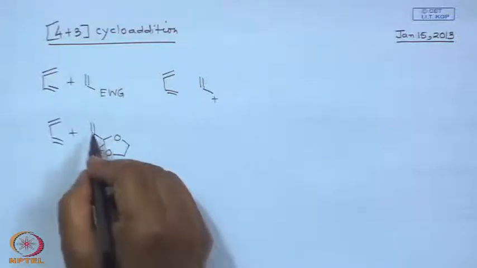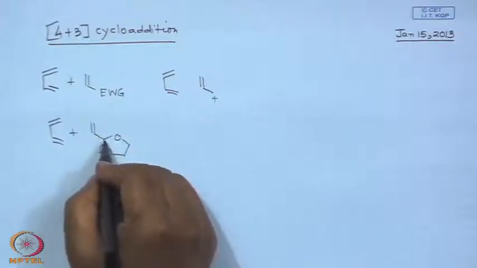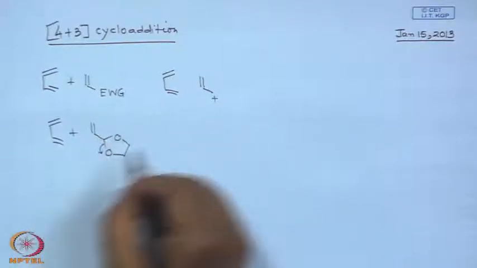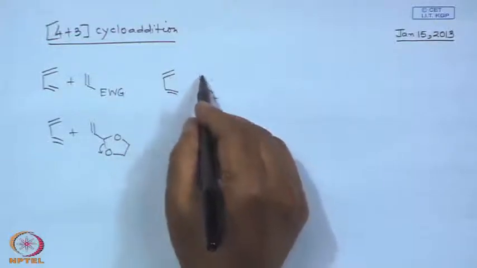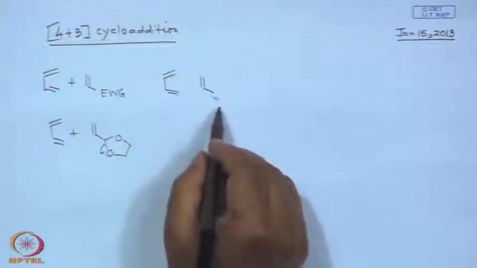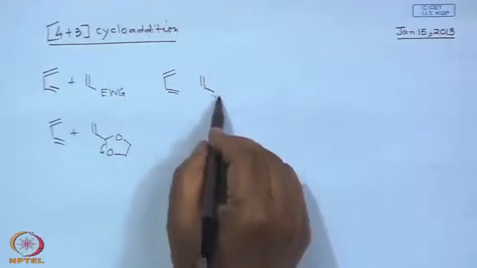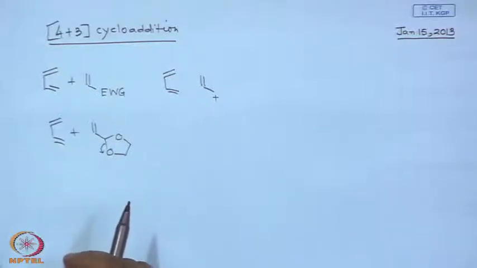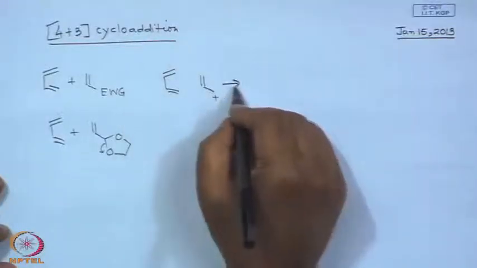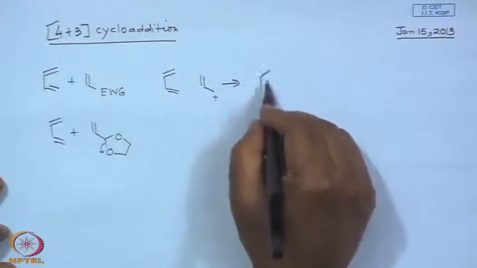So essentially it is a double bond and a carbocation. Very similar to that, if you think about a reacting component where you have an olefin and a double bond, this carbocation is serving the purpose of the electron withdrawing group. So the reaction should have undergone Diels-Alder kind of reaction, but instead the result is a little different.